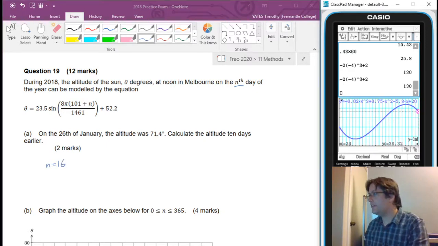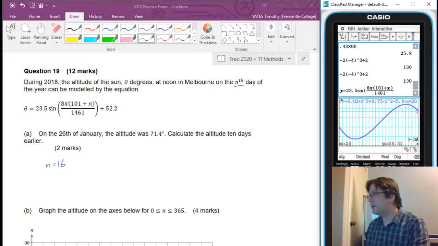So let's try that. I'm going to do y equals 23.5 sine brackets 8 pi times 101 plus x, because x is going to be n for this one, over 1461.